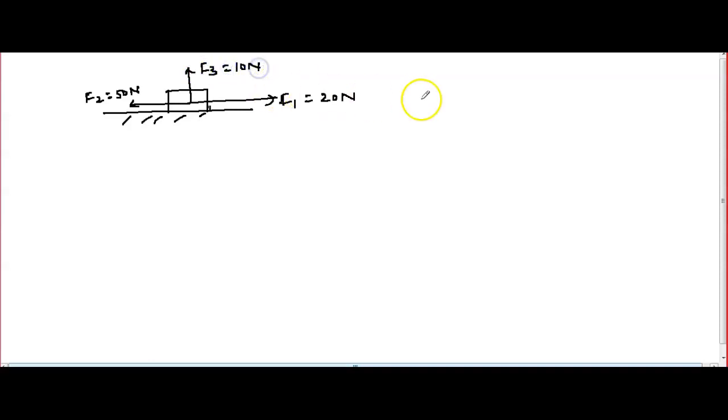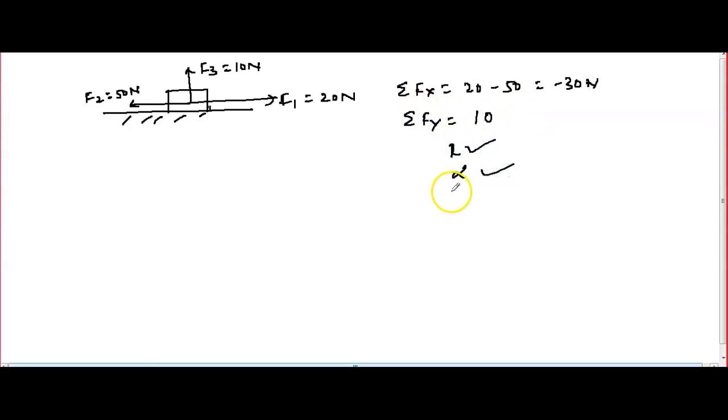Tell me the first one, summation of F of x. 20 minus 50 is equal to minus 30. Good. Then next, sigma of F of y, 10. So the resultant you can find it, alpha you can find it, right?